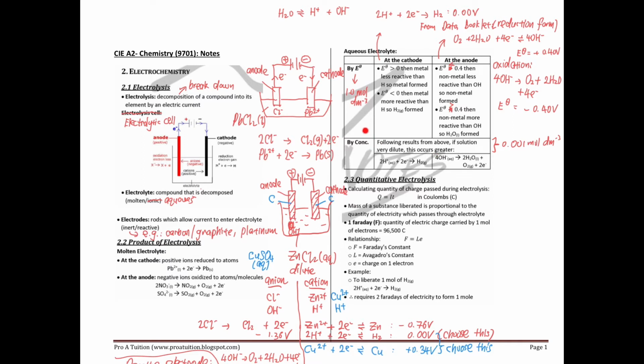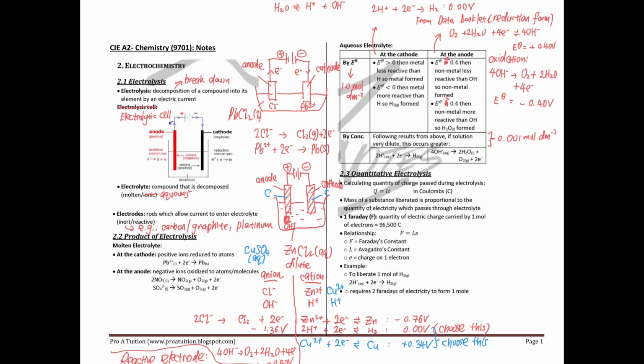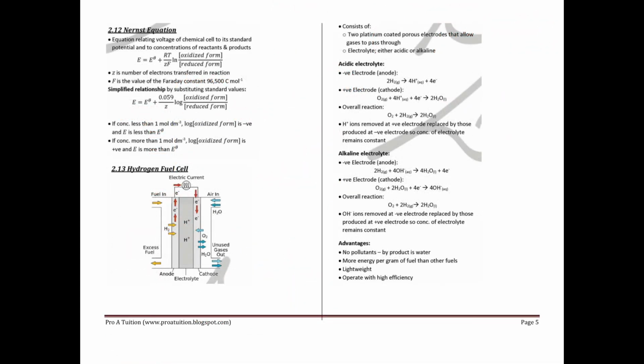But if they are not very dilute, they are in between, or they are very concentrated, like 2.0 mole per dm³, or maybe 0.8 mole per dm³, then what should we do? We will come to that later. I just let you take a quick look first, if the concentration is not very dilute and not 1.0.